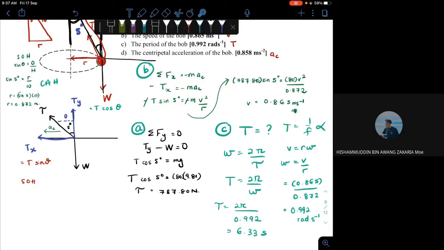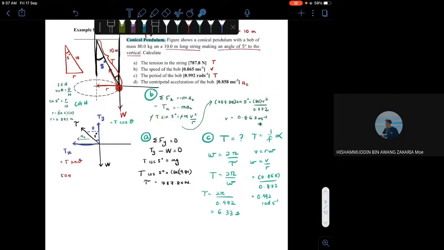Okay. And then cuba kamu buat yang D tu, centripetal acceleration tu on your own. I think that will be simple. So kamu pun tahu nak guna formula mana kan? So D is a_c is v square over r.